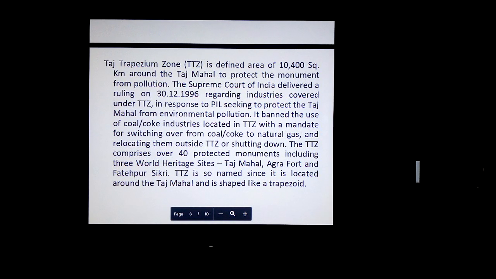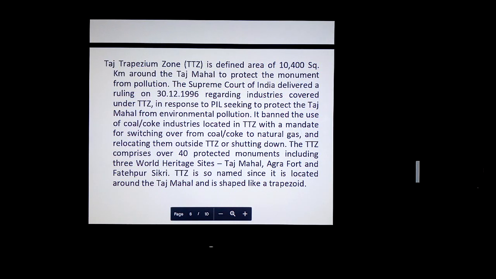Then the Supreme Court took an initiative. The Supreme Court of India delivered a ruling on 30/12/1996 regarding industries covered under TTZ in response to a PIL. PIL means public interest litigation, seeking to protect the Taj Mahal from environmental pollution.